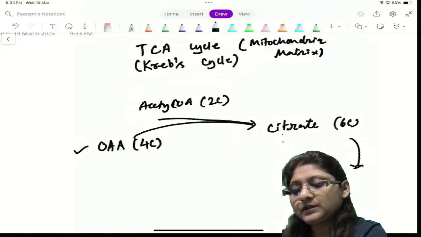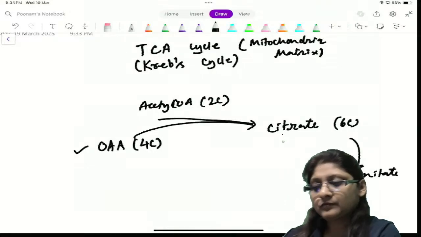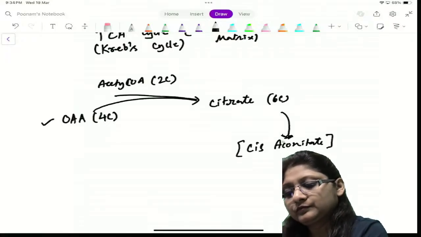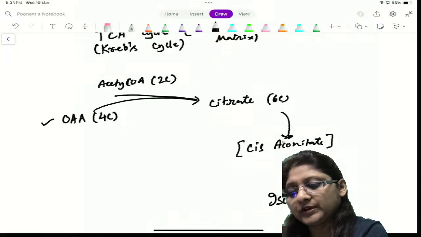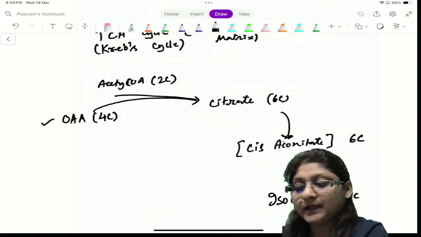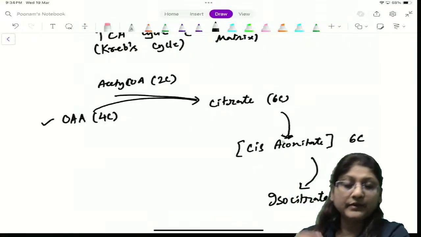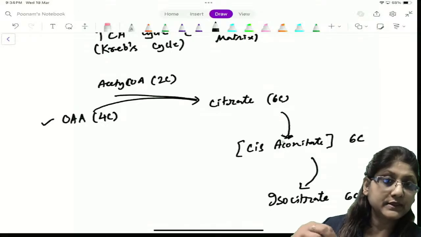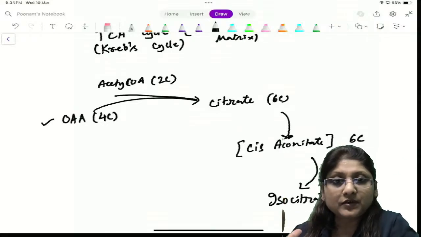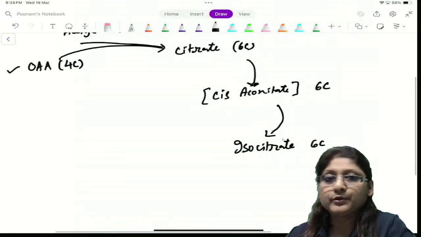This citrate is converted to cis-aconitate, which is next converted to isocitrate. So cis-aconitate is also 6-carbon and isocitrate is also 6-carbon. You need to know the flow of intermediates in the TCA cycle. First citrate, then cis-aconitate, then isocitrate is produced.